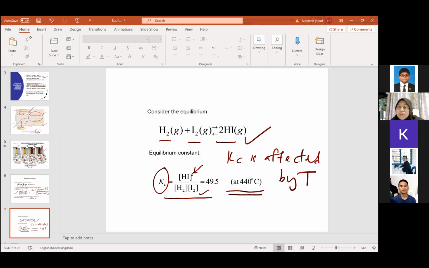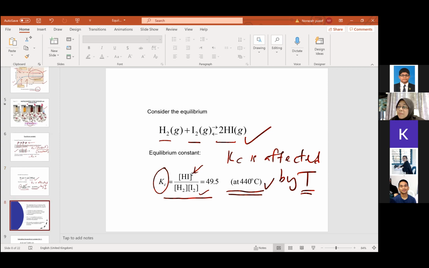The Kc will be similar. But if you change the temperature, now the Kc will be different. That's why we have to write this. The value of Kc will be different at different temperatures.